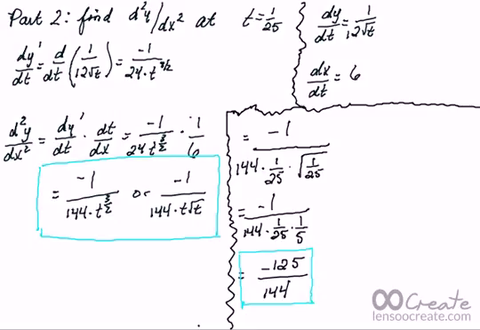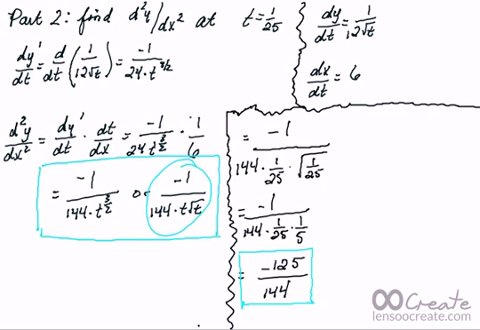So solving for this at t equal to 1 over 25, excuse me, I do apologize. All you're going to do is plug t equal to 1/25 into the equation that we solved over here.